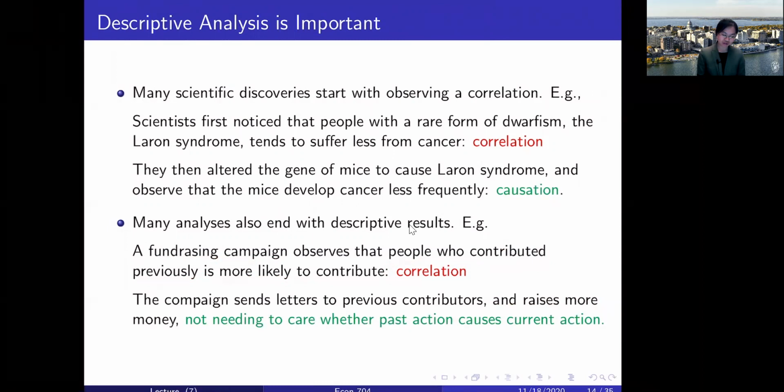All they need to know is that this correlation will hold up, and they simply send more letters to previous contributors, and that way they raise more money. They do not need to care whether past action causes current action. All they need to know is that those contributors will contribute more. So descriptive analysis is important in its own right.